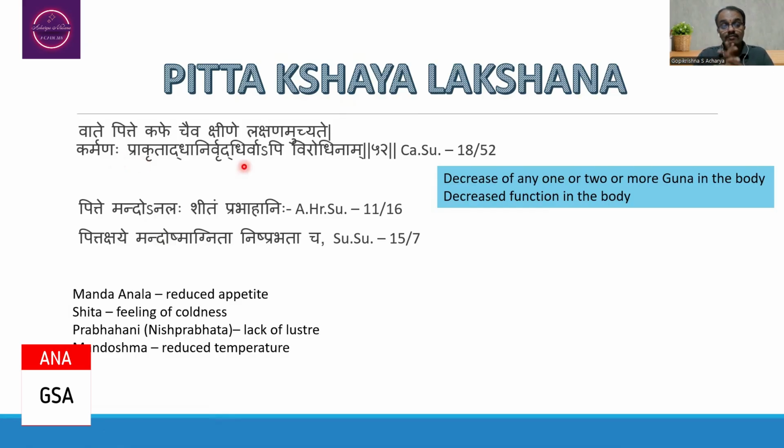That means whenever there is a decreased concentration or decreased quantity of any kind of dosha in the body, that is responsible for the decreased lakshana related to that particular dosha. The functions of that dosha get decreased in the body, but the functions considered opposite to that dosha get increased in the body. That is the overall understanding of that.